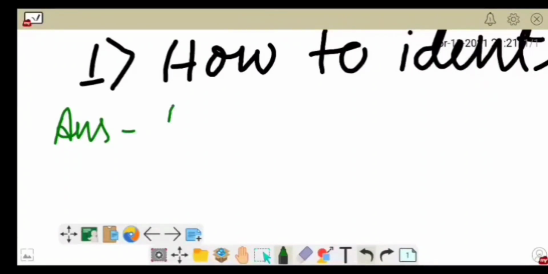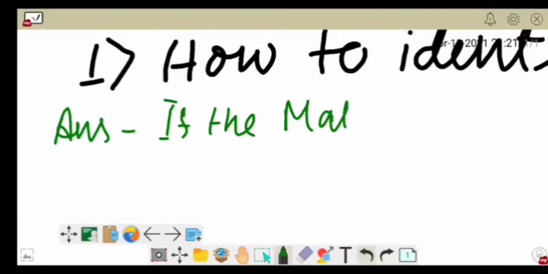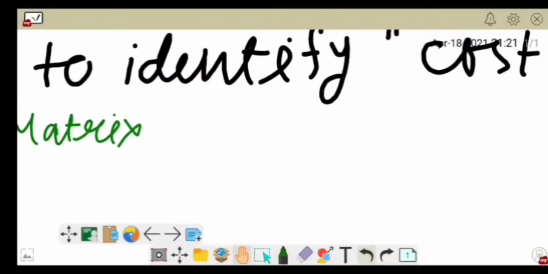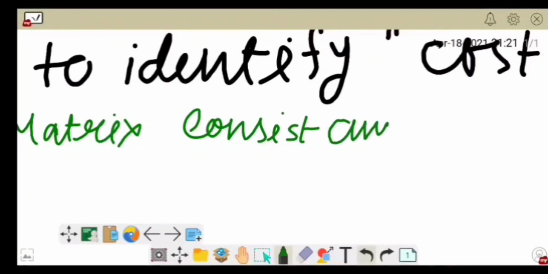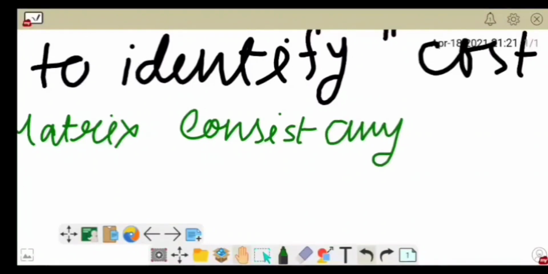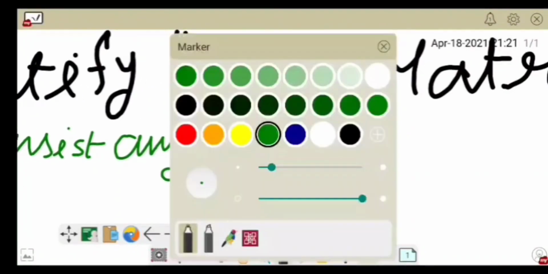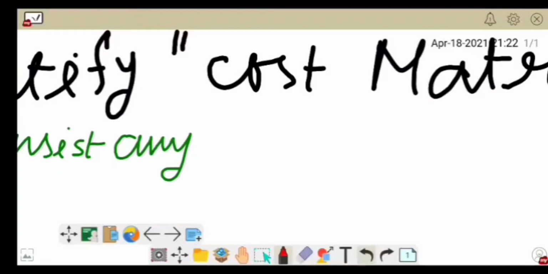If the matrix consists of any cost element, I have said this before, I don't know whether you remember or not, but I have said it several times.